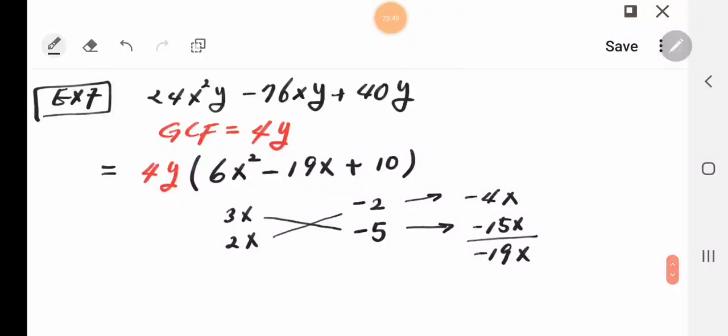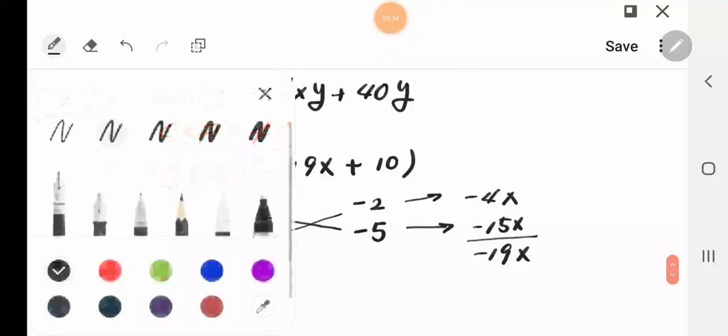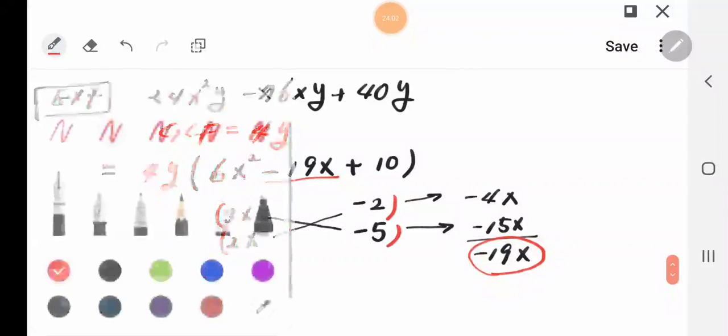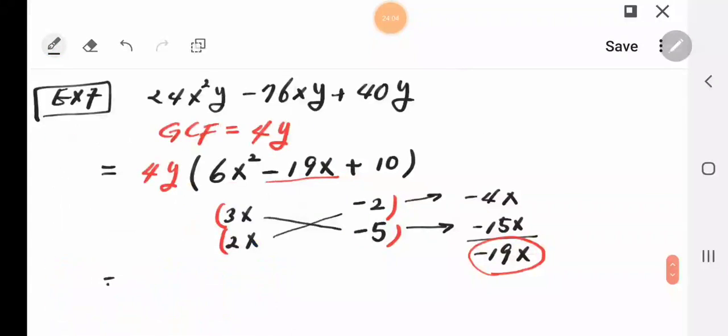Bingo, we found the match. Since the sum of the cross multiplication is the same as the second term, we multiply these two binomials. So the result will be 4y, the common factor, multiplied by the two binomials in the second line.